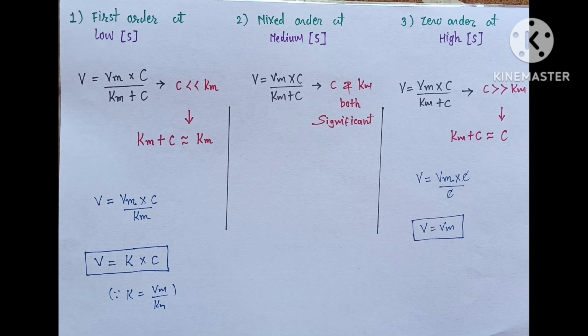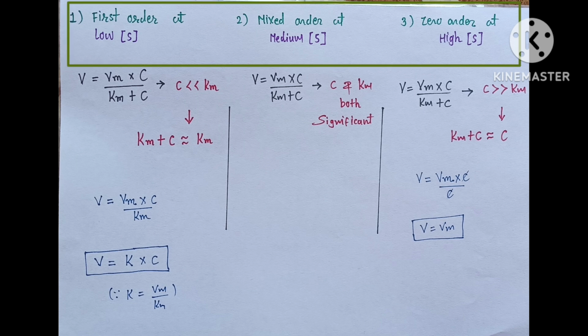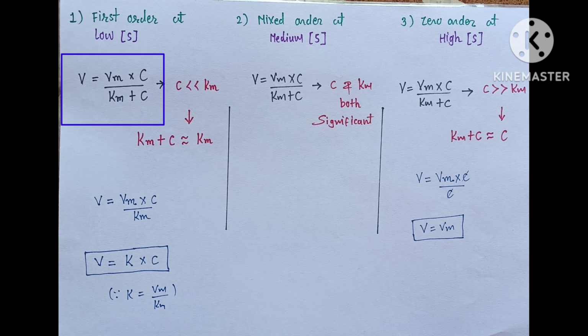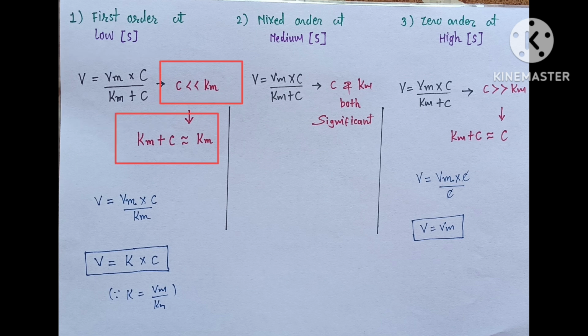Now let us come back to our first three hypotheses: first order, mixed order, and zero order kinetics. Let us discuss first order kinetics first. At a low concentration of the substrate, we define the Michaelis-Menten equation in the form V is equal to Vm into C divided by Km plus C. Here we define substrate concentration as C. In the case of a low concentration of the substrate, C is less than the Km value.